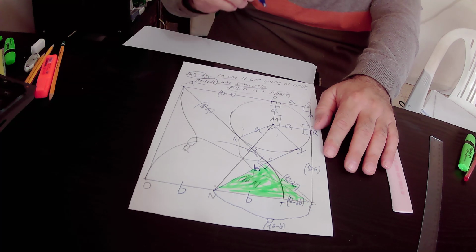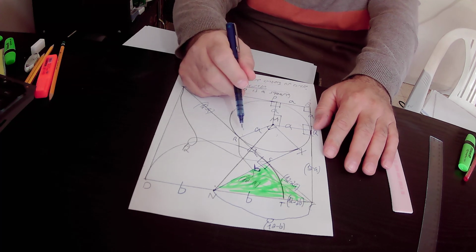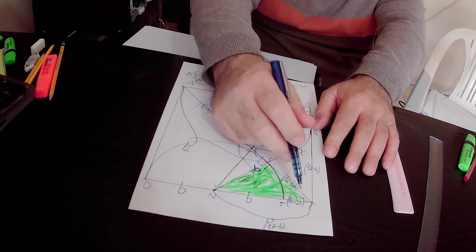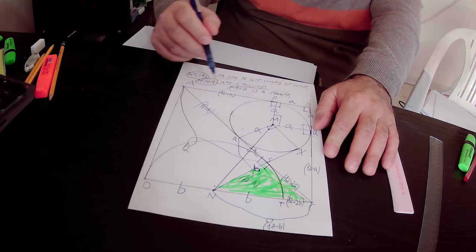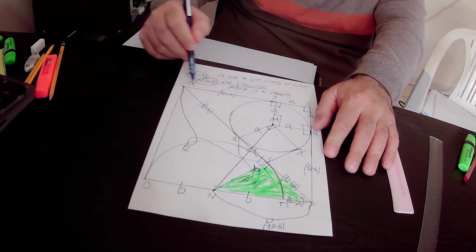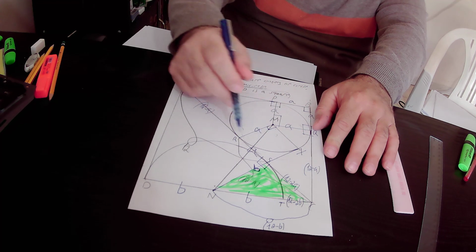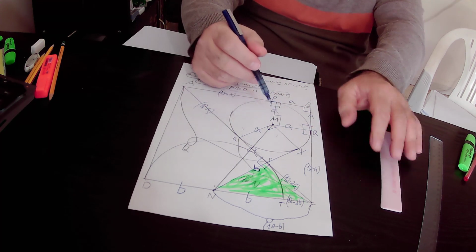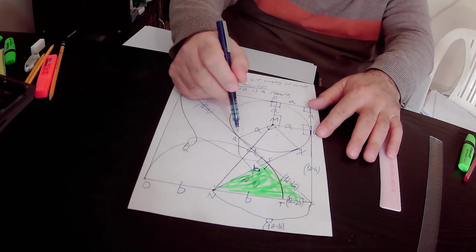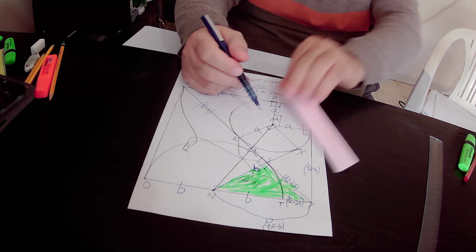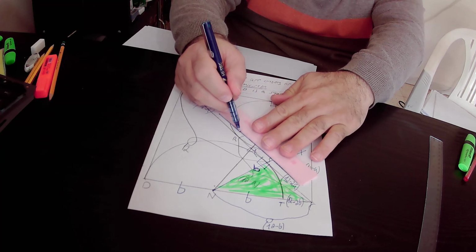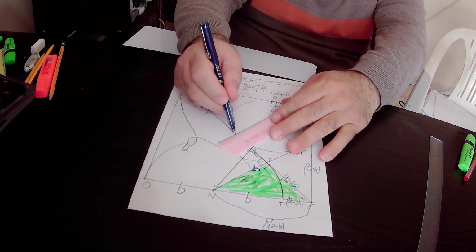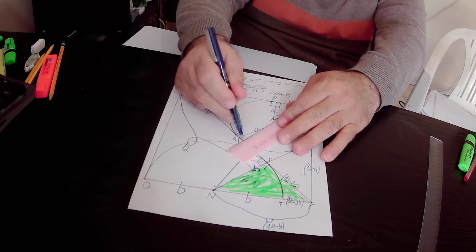And whenever you have a radius drawn to the point of tangency, the tangent will be perpendicular to the radius. That is to say, the tangent AC will be perpendicular to the radius MR. So AC is perpendicular to MR, that is to say, this angle will be equal to 90 degrees, and this angle will also be equal to 90 degrees.